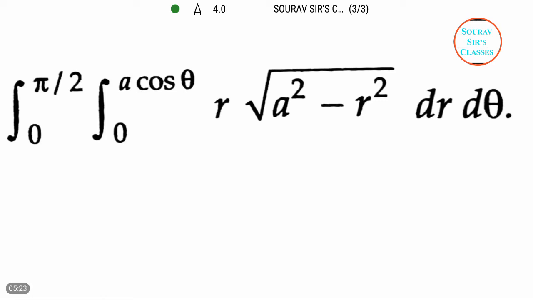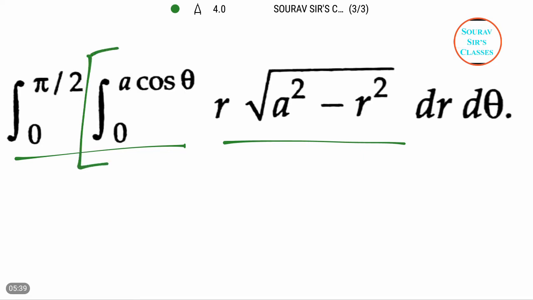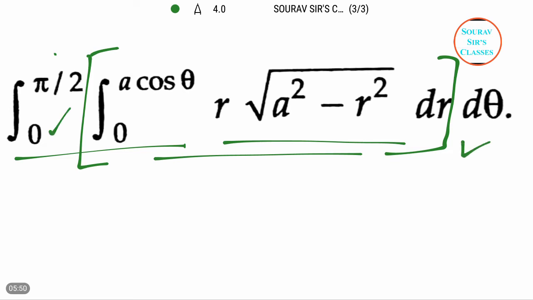So our question is integration 0 to pi by 2 and 0 to a cos theta r into root over a square minus r square dr d theta. So again at first we will integrate this part, and then whatever will be the result, we will again integrate that result with respect to d theta and with the limits 0 and pi by 2. So now let's start.